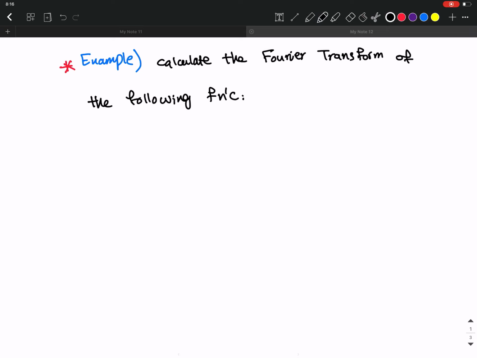Okay, so the function that we have is this: f of t over the capital T, or period, is 1 minus the absolute value of t over T when the absolute value of t is less than T, and 0 when the absolute value of t is greater than T. Okay, so this is a function and I want to take the Fourier transform of this function.